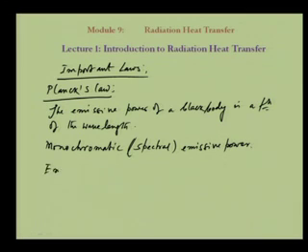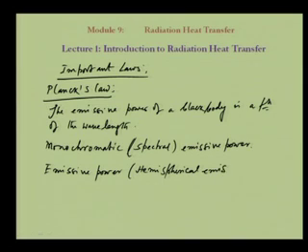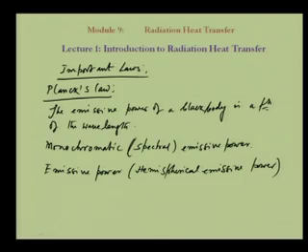If I say emissive power, normal emissive power, it is also called hemispherical emissive power. Hemispherical means the surface is there and it is covered by a kind of hemisphere. So, all the directions are being covered in this, and this is called hemispherical emissive power.